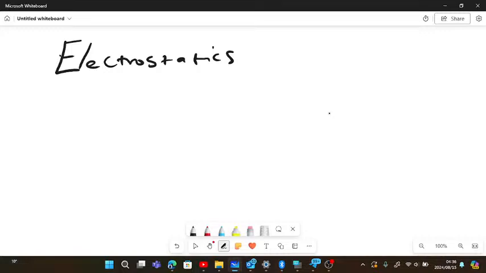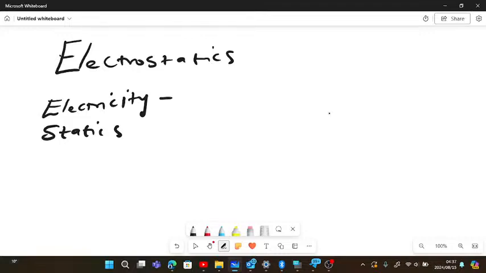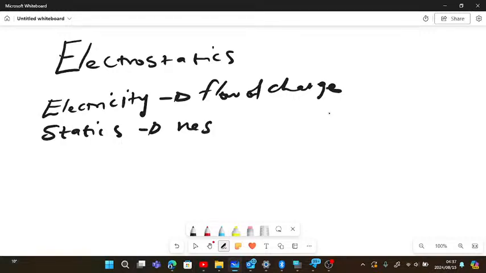Electrostatics is a makeup of two words: the first word is electricity, the second word is statics. Here we know we are talking of flow of charge, and here we know that we are talking of rest.